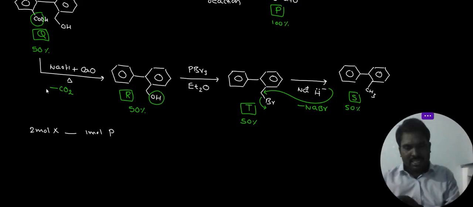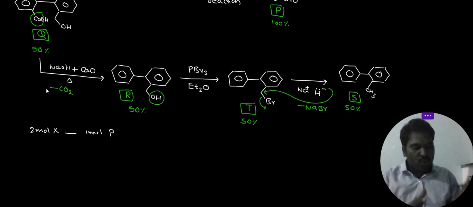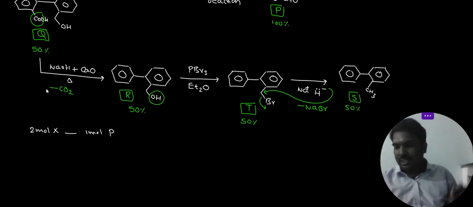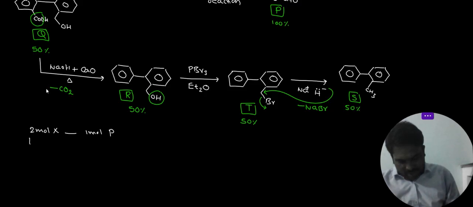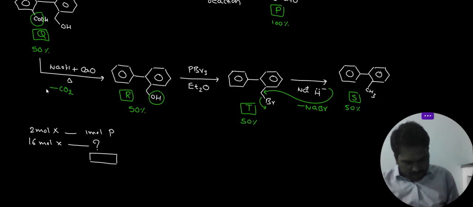So 2 mole X will produce 1 mole P. Now in the question 16 mole X given. For 16 mole X, how many mole P formed? Just observe cross multiplication. So that is 8 mole P formed. Understood?